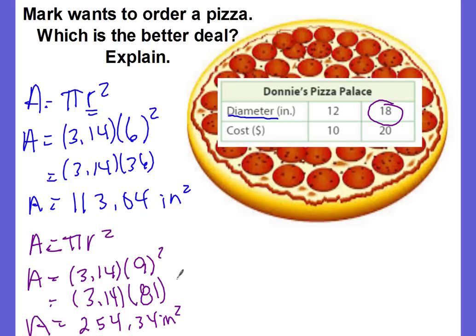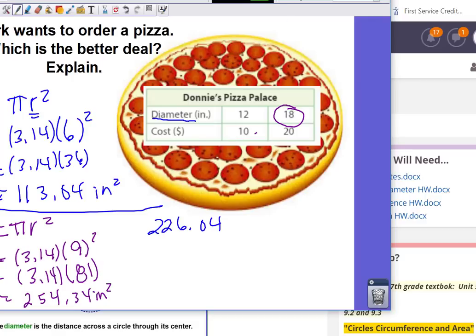Okay, but we're not done because we haven't answered the question. What is the better deal? And then explain why. Well, if you look, the cost doubles in price. So what happened to the area? If I double the area of the smaller size pizza, I get 226.08.